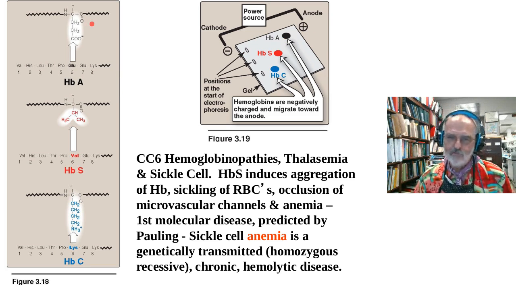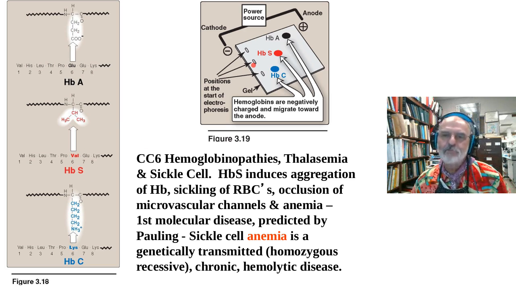If we mutate hemoglobin at some site, for example, if we mutate the hemoglobin 6 position, which is glutamic acid, to a valine, if we knock out a charge, so it's one less negative charge, then hemoglobin S will migrate slower towards the anode.